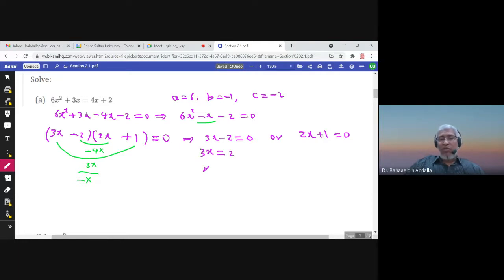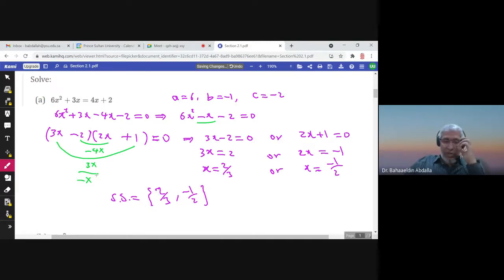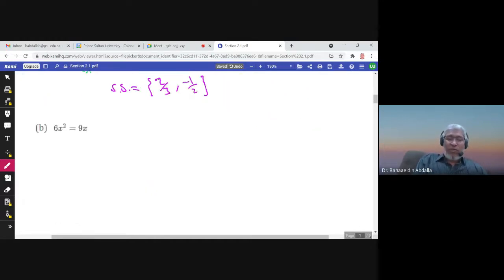We can take 2 to the other side and divide by 3, and this would be the first solution. Or we take 1 to the other side and we divide by 2, so the other solution is negative half. So the solution set of this equation would be 2 over 3 and negative half. And you can check in the original equation that both numbers satisfy the equation.